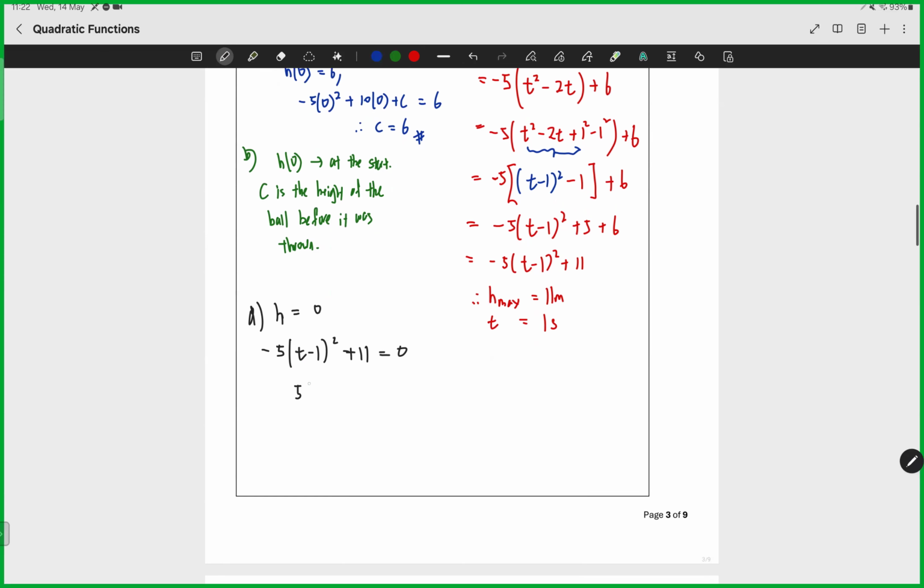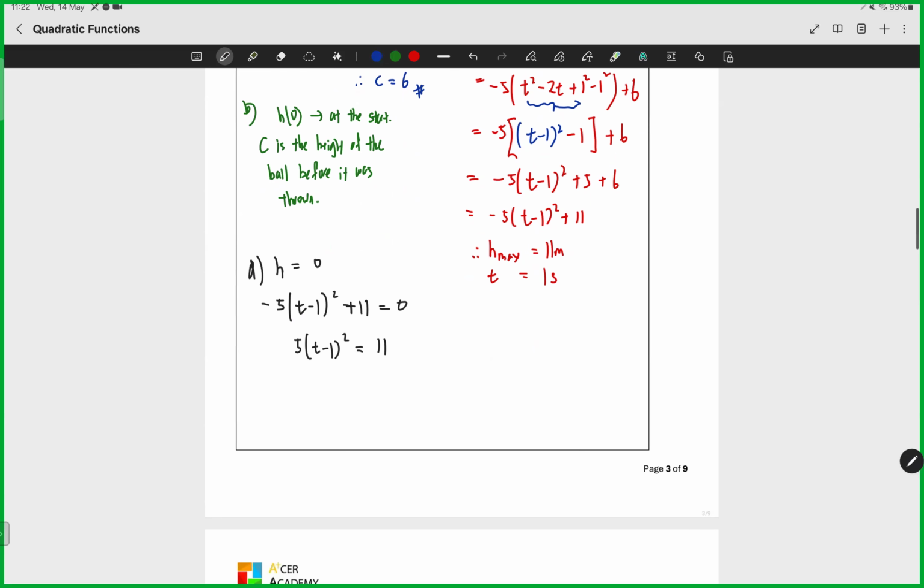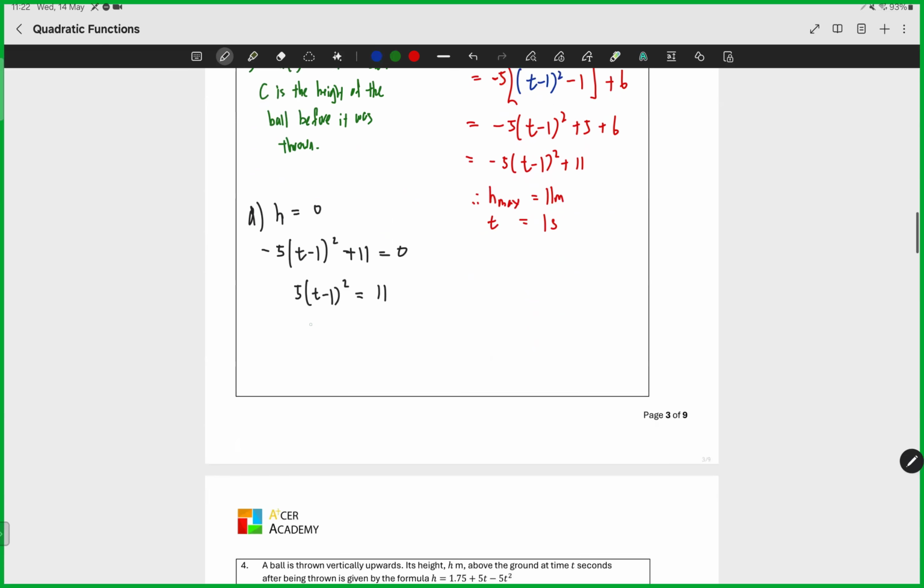So 5(t - 1)² = 11. Okay, this one I skipped a little bit of steps. The positive 11, I shift to the right, that's negative 11. Then I take away the negative from both sides, right? So this is what I'll get: (t - 1)² = 2.2. Okay, so t - 1 equals the square root of 2.2.